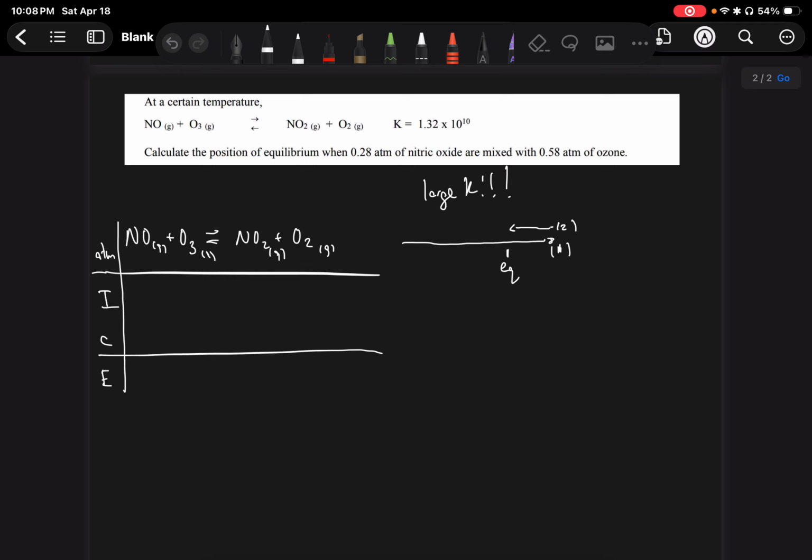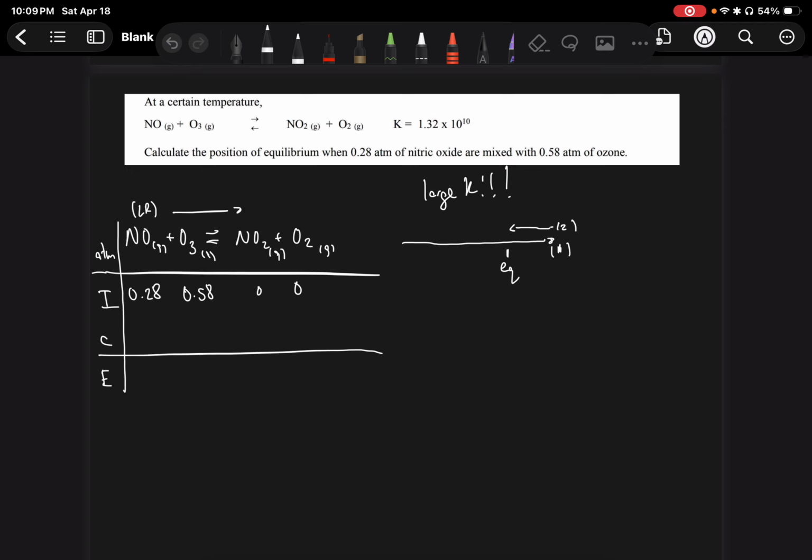Okay, anyways, calculate the position of equilibrium with 0.28 atm of nitric oxide. Okay, so this reaction is going to go to completion. So what's the limiting reagent? Well, which one has fewer moles?